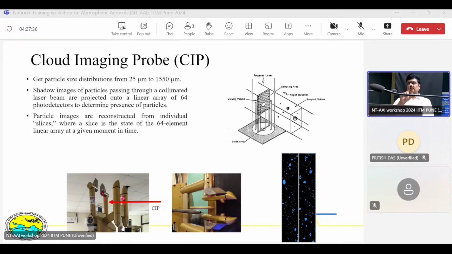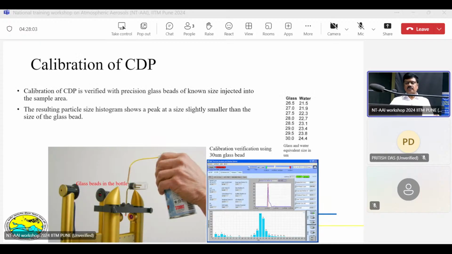So then you can both count and also understand what type of ice crystals were there. So this has a linear array of 64 photodetectors. So whenever some crystal is passing through, you will get a shadow image of that ice crystal. So from that you can count the ice crystal concentration and its shape.